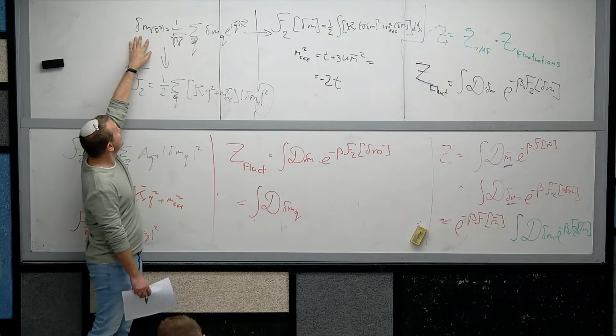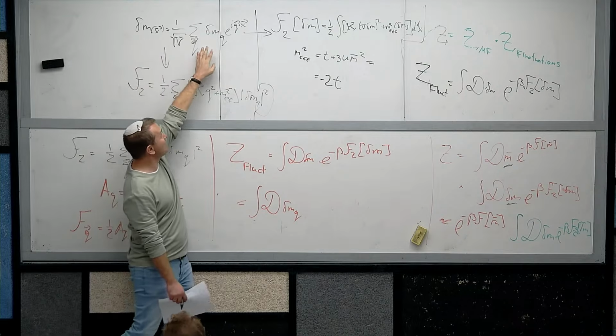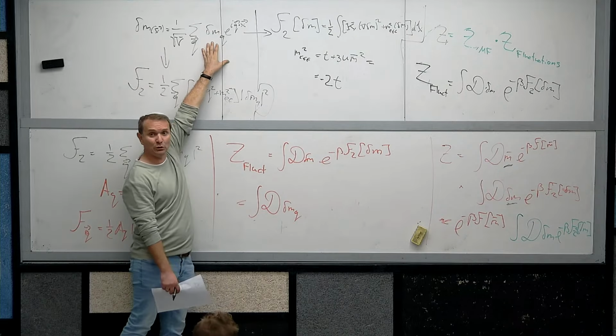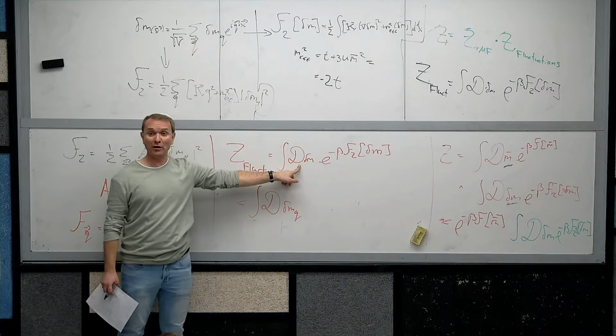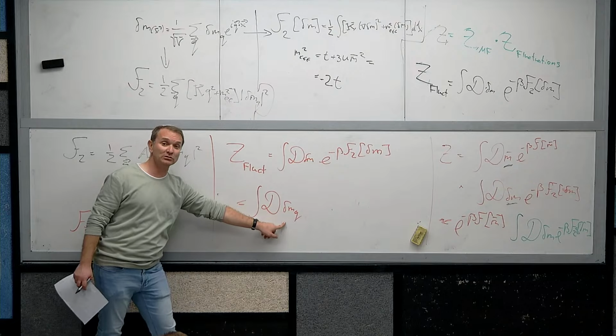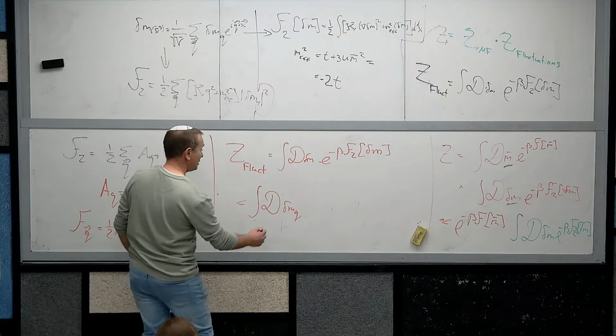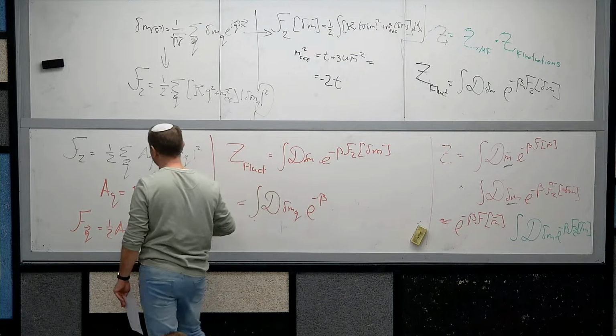So when you sum over all possible values of delta m(x), you basically sum over all possible values of delta m_q. That's it. So instead of a functional integration over delta m, we do the functional integration over delta m_q.